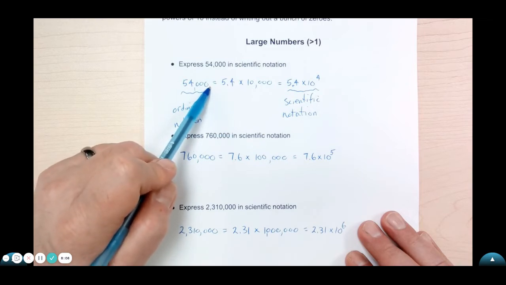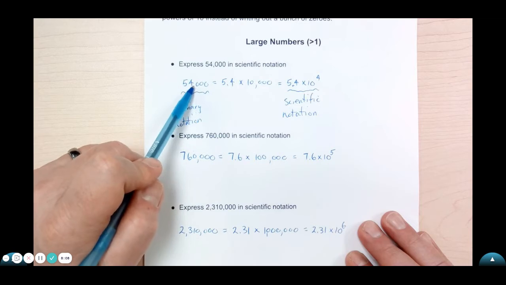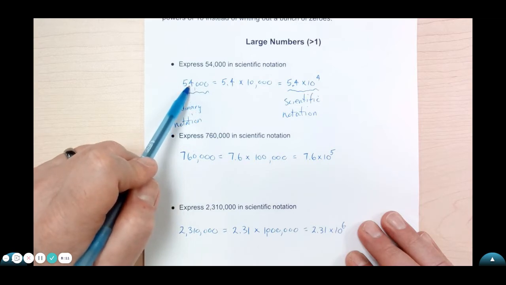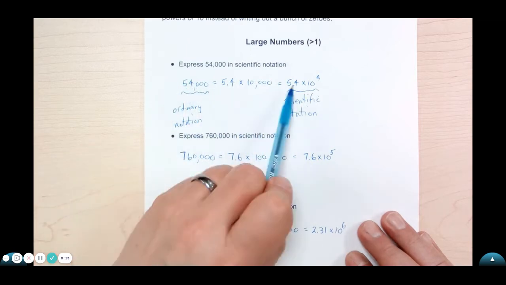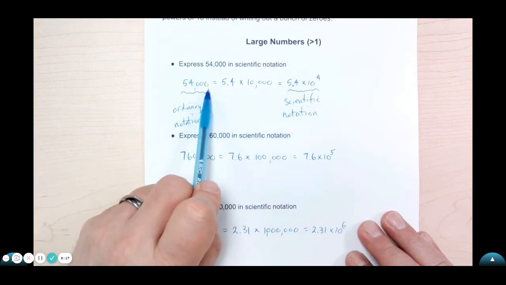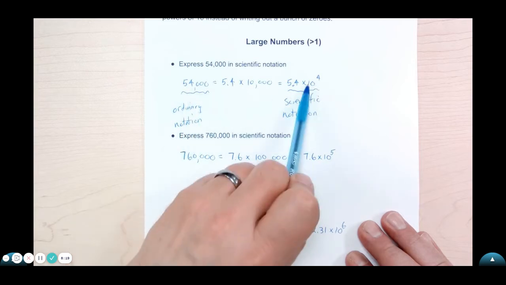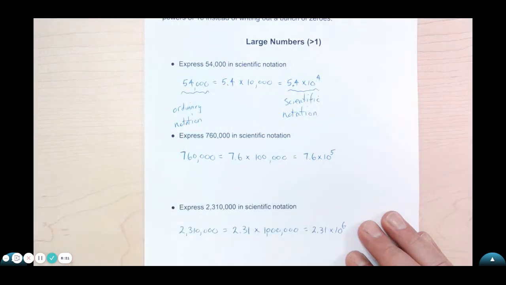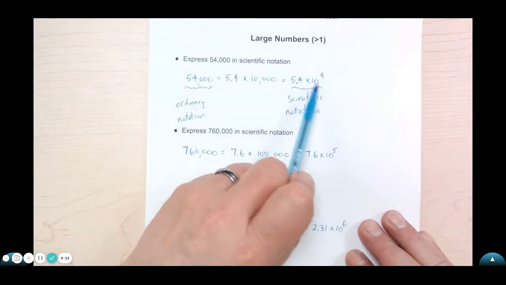So in this case, I'd have to move it 1, 2, 3, 4 times.